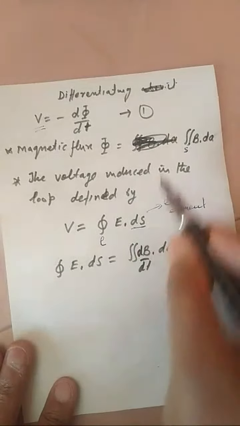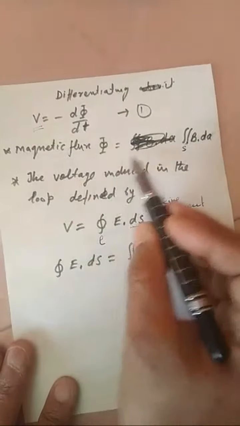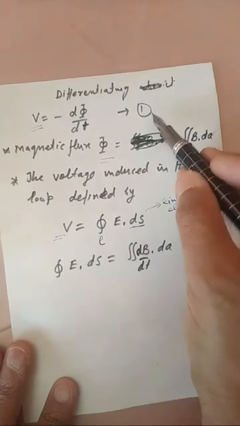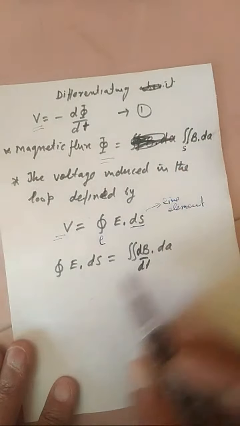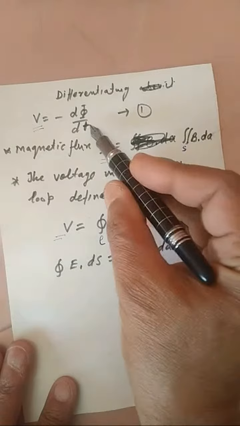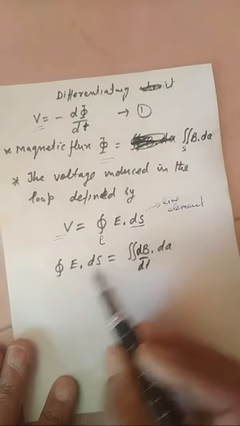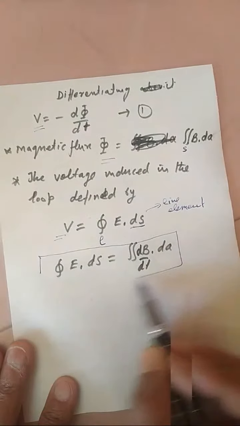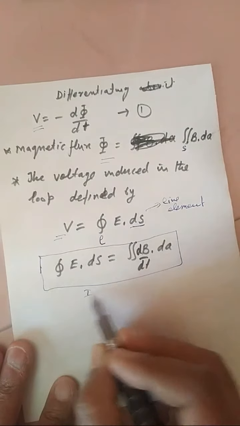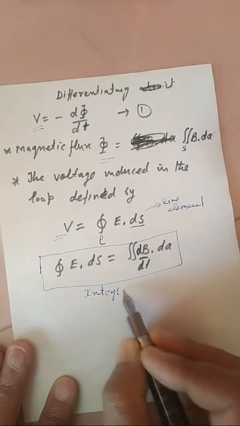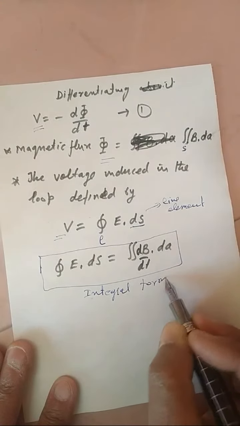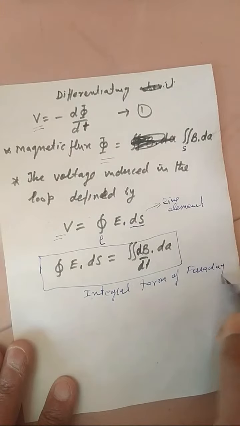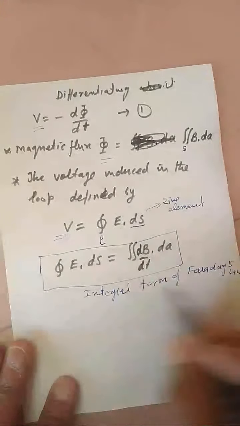If we substitute the values of phi and V in equation number 1, Faraday's law, we get this expression in integral form. We call it the integral form of Faraday's law.